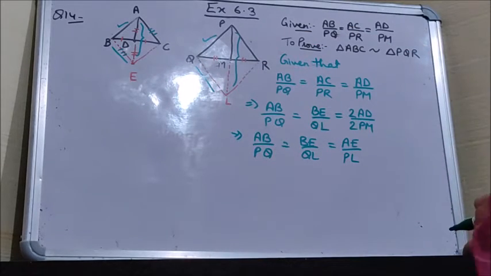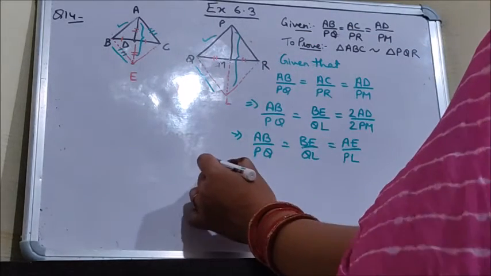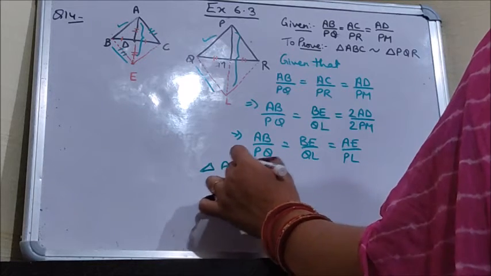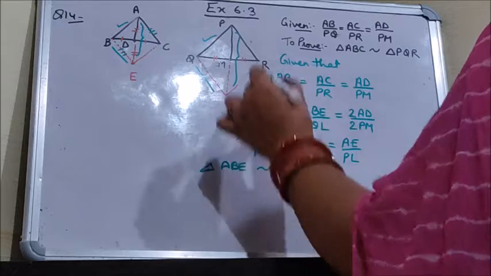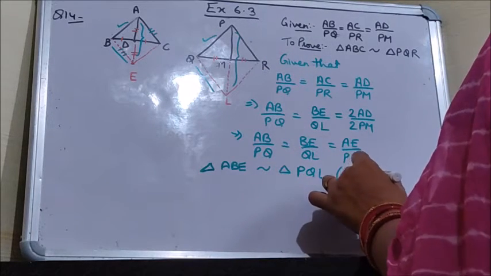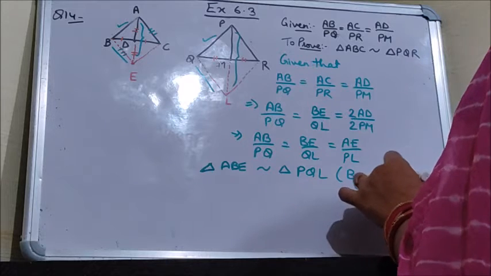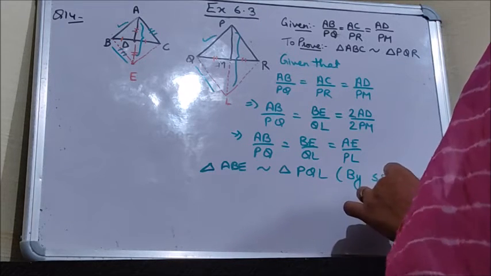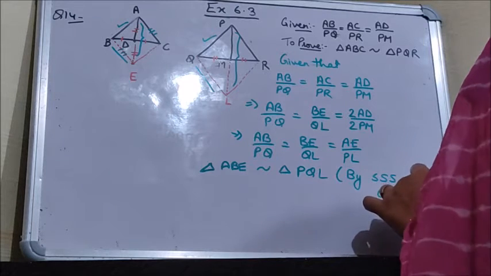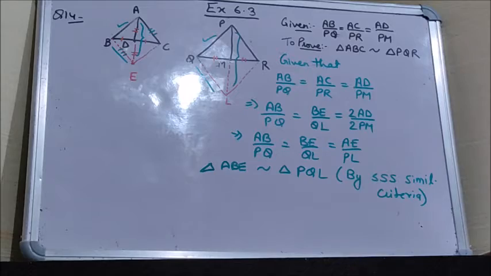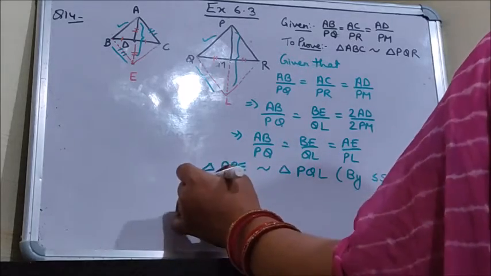Therefore, triangle ABE is similar to triangle PQL by SSS similarity criteria. Since these two triangles are similar, their corresponding angles will be equal.